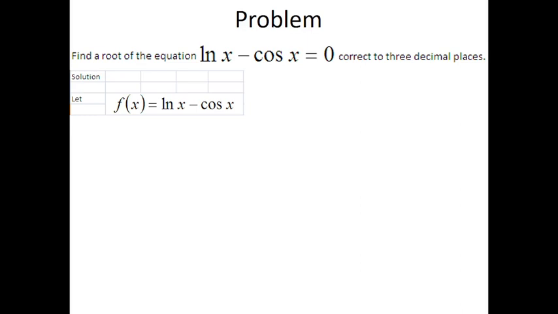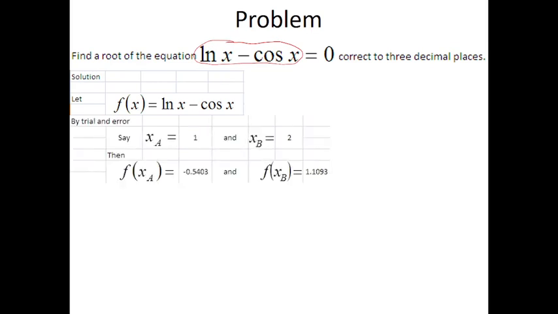Solution. So first thing to do is we have to let f of x equal ln x minus cosine x. This is the first thing to do. Okay? Since we are to apply bisection method, and we know that bisection method is we need two values of x, no? Initial guesses of x. So by trial and error, okay, let's say this is 1 and that is 2.